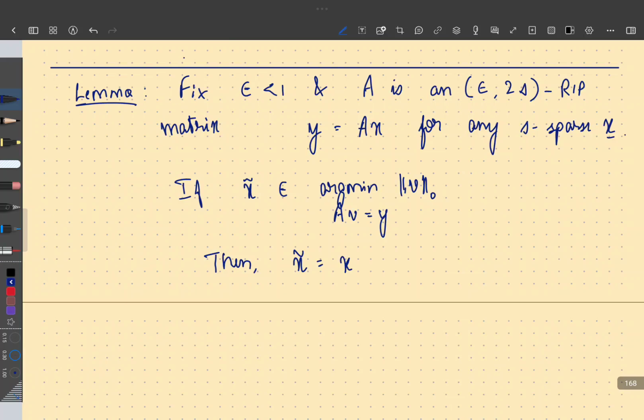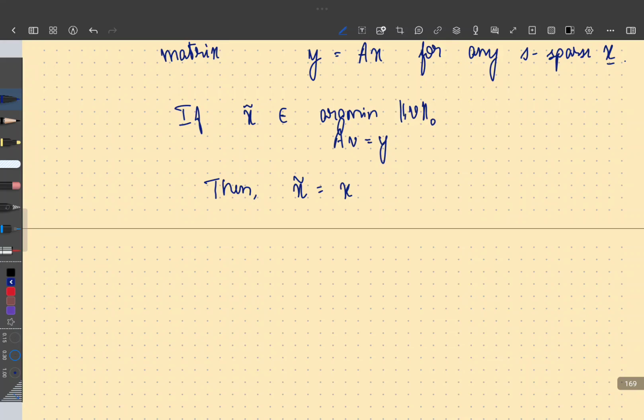But as long as I have a matrix A that satisfies epsilon 2s RIP, it is possible to uniquely recover x from A times x, and in fact that can be done by solving this optimization problem. So if we have a way of solving this optimization problem, then we can recover x uniquely. So let's see why this lemma is true.